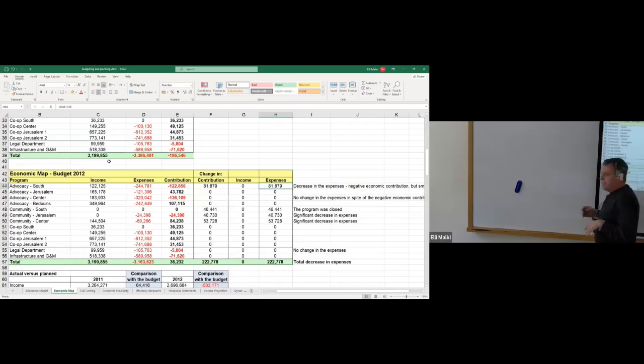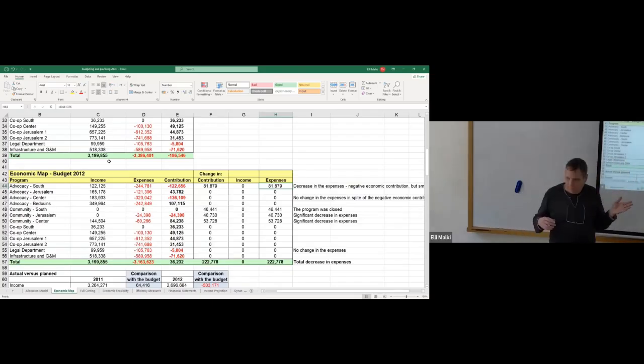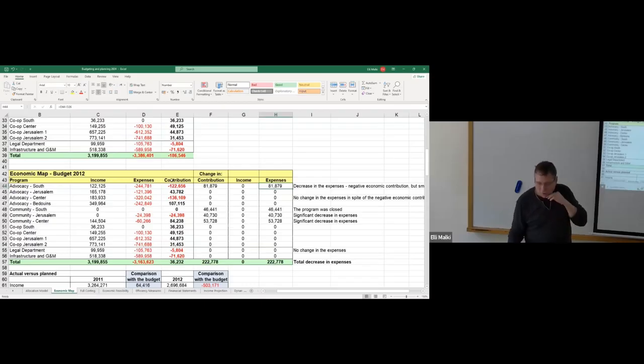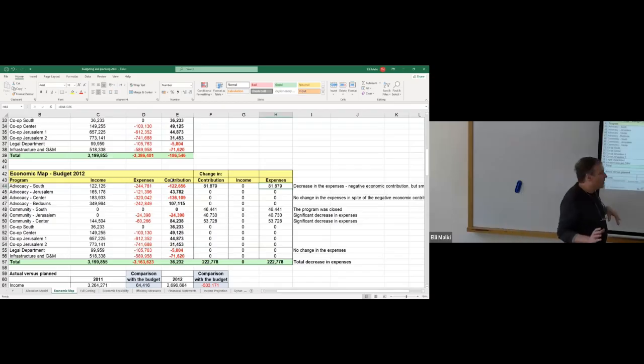What we see here in this budgetary analysis are numbers and some verbal explanation of what happened. So let's look again, from Michelle's perspective. First of all, there is something that is not clear in the decision what to close and what not to close.